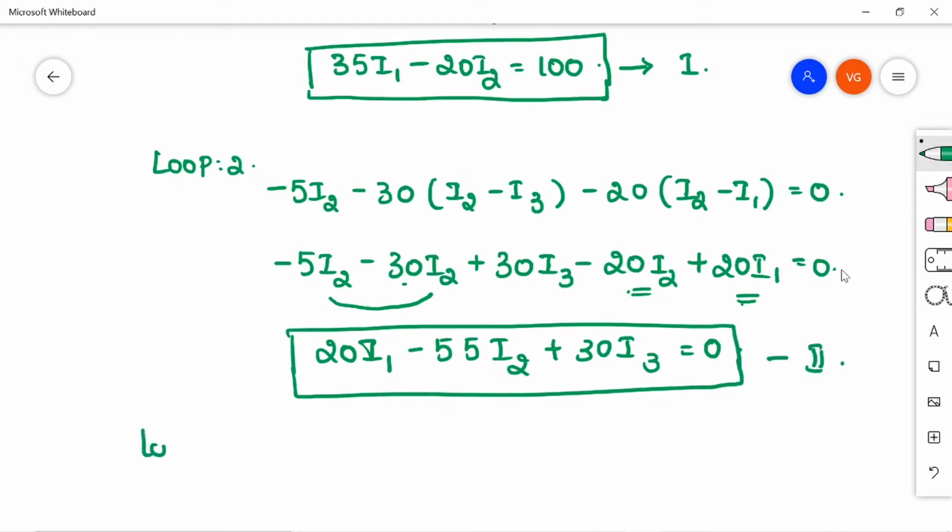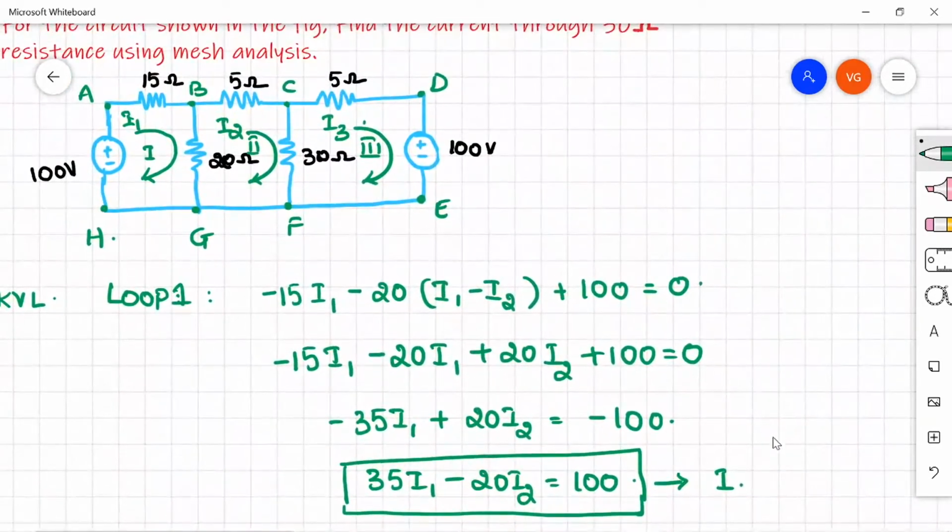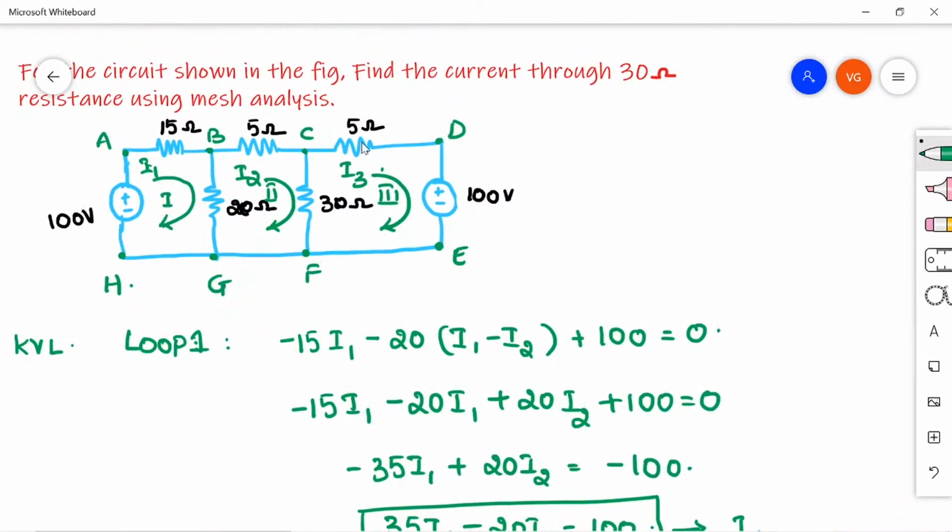Now you have to apply KVL for loop 3, right? So let us see what is the loop 3 equation. Here in loop 3, I have C, D, E, F, C. So from C to D, I have an element 5 and the current flowing is I3.